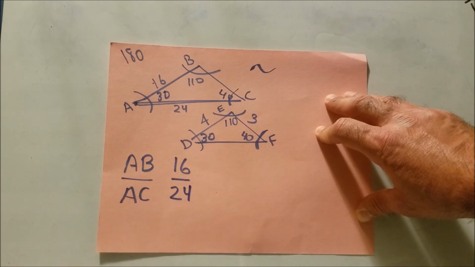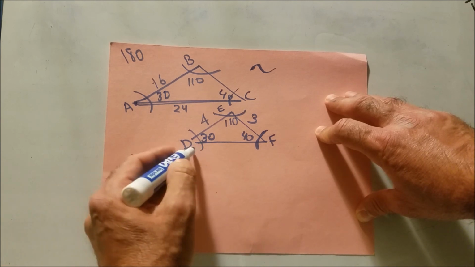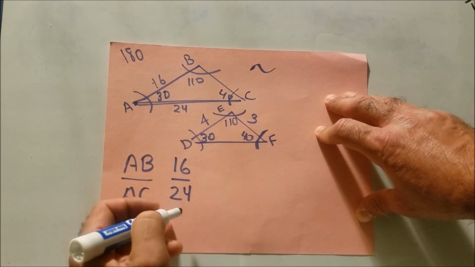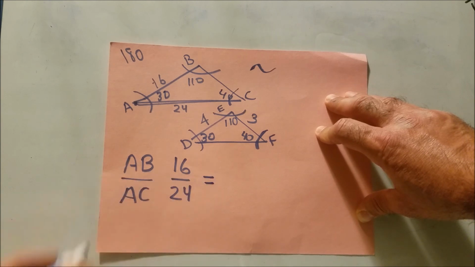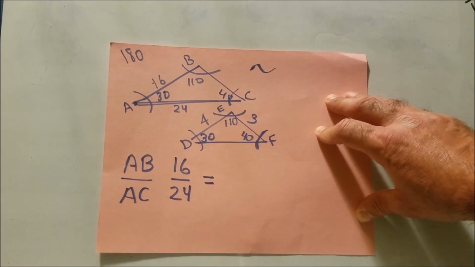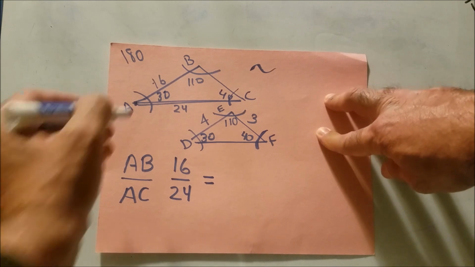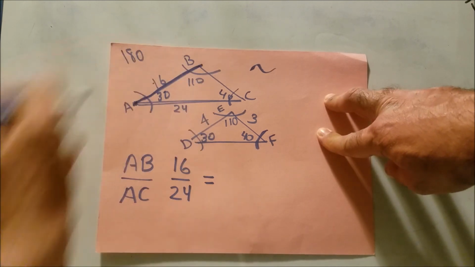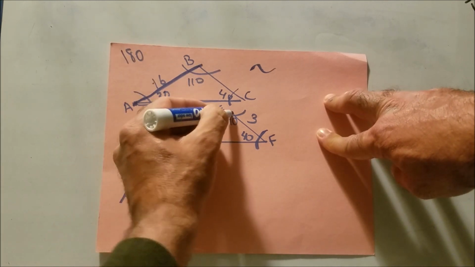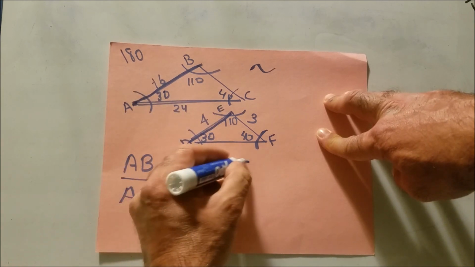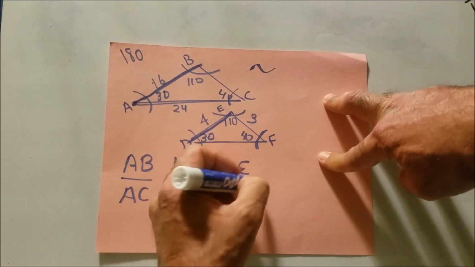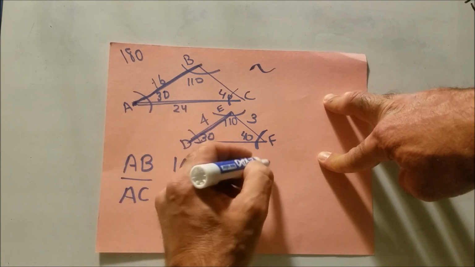Right? And let's say now we're trying to find DF because it's missing. So what we can do is set up equal proportions. What corresponds to AB on the other triangle? Here's AB. Right here, DE, right? So we need DE. And we know that DE is right there, 4.